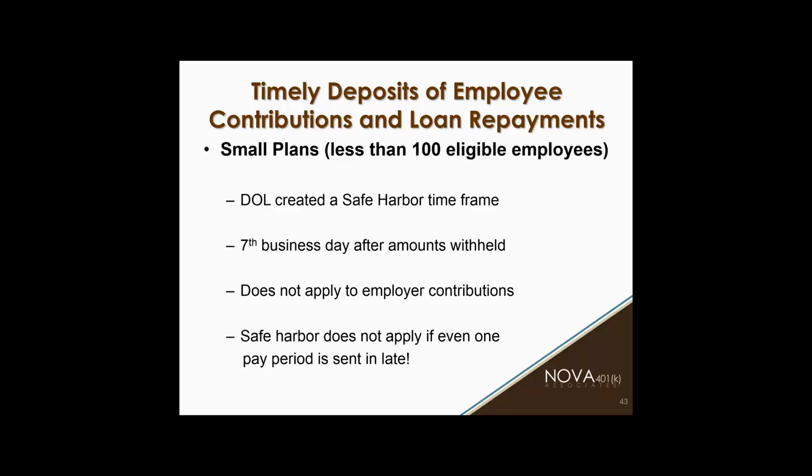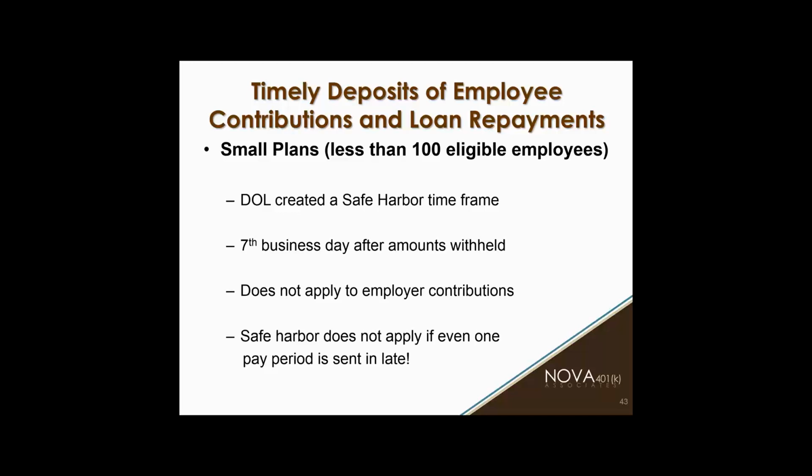These are late, what they call late contributions, and they are monitored by the Department of Labor. They're also reportable on your Form 5500. There's a blank on there that says, did you have late contributions? And if you did, the Department of Labor may audit your plan if that question is marked yes. Okay, so we definitely want to be fixing them.